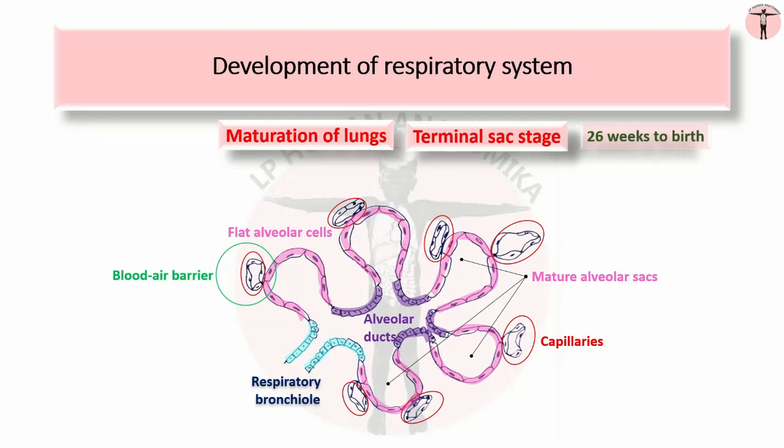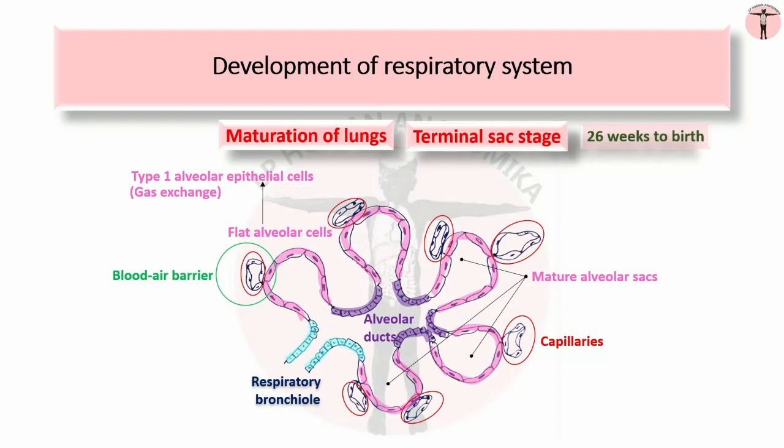By 26 weeks, the terminal sacs are lined mainly by squamous epithelial cells of endodermal origin, type 1 pneumocytes or alveolar epithelial cells, across which gas exchange occurs.